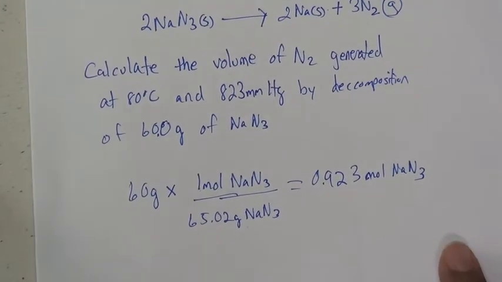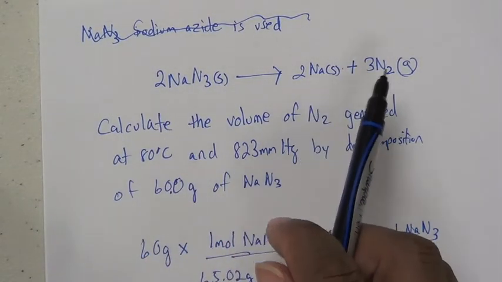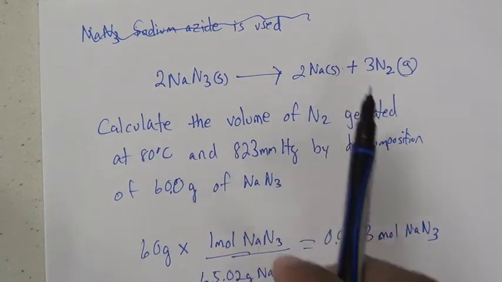Now we have our moles. We look back at our formula. Our formula tells us that the ratio between sodium azide and nitrogen gas is 2 to 3.